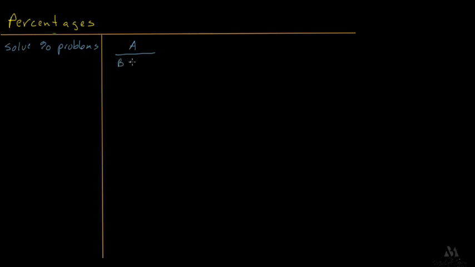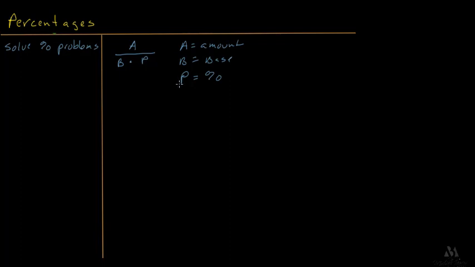B times P. Now A, like I said, is going to be our amount. B is going to be our base, and P is going to be our percent. And so you can solve a lot of simple percentage problems using this little triangle.